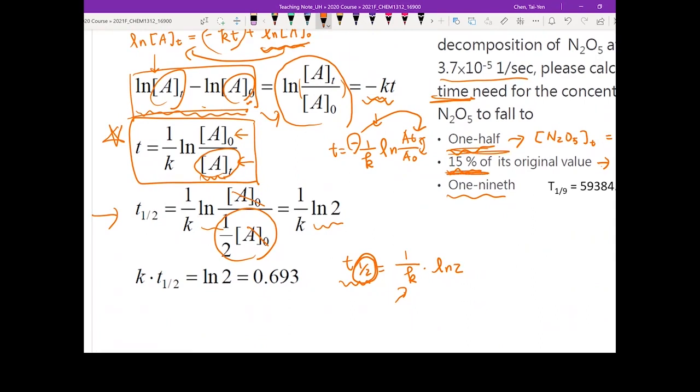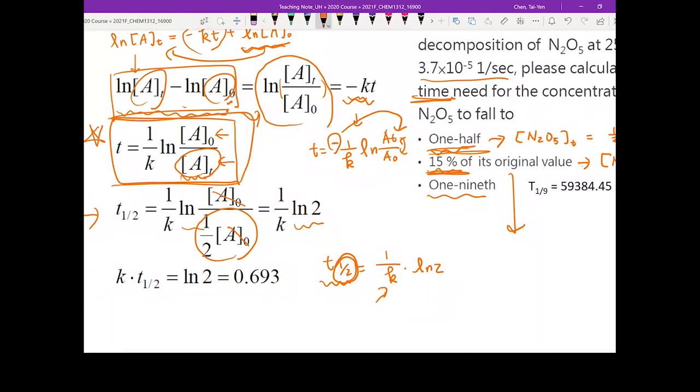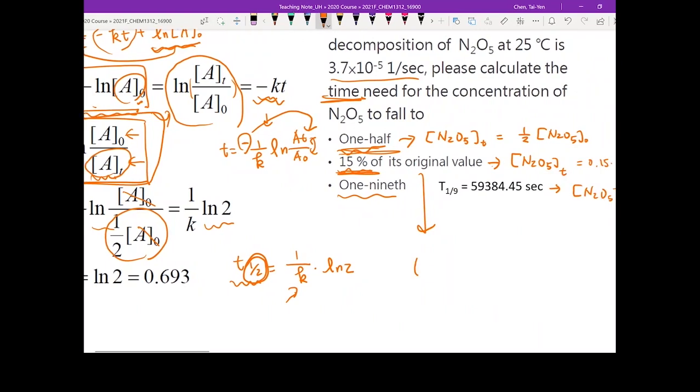Right? For the second part, we say the At becomes 0.15 of the original concentration. So what it means is you can still use this, right? t is going to equal to 1 over k, A naught on the top, bottom will be 0.15 times your A naught. And then your A naught cancels out. In the question, you got the k, right?